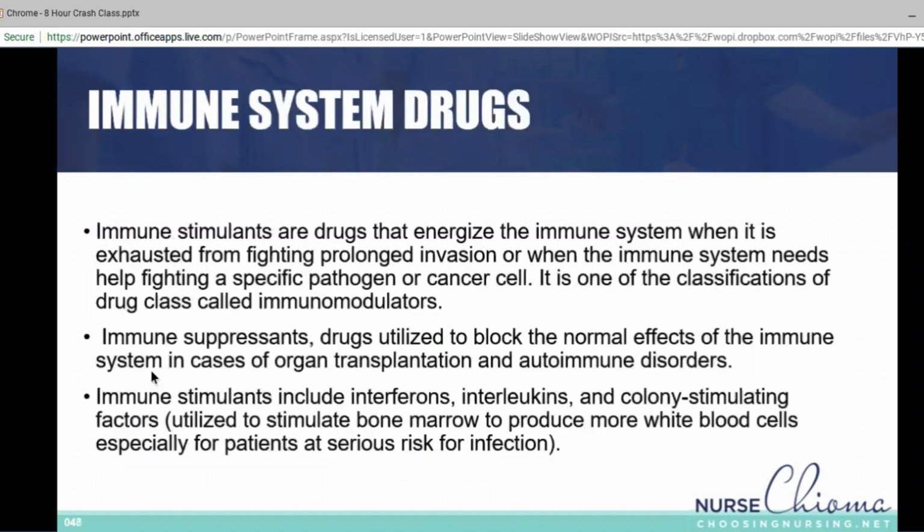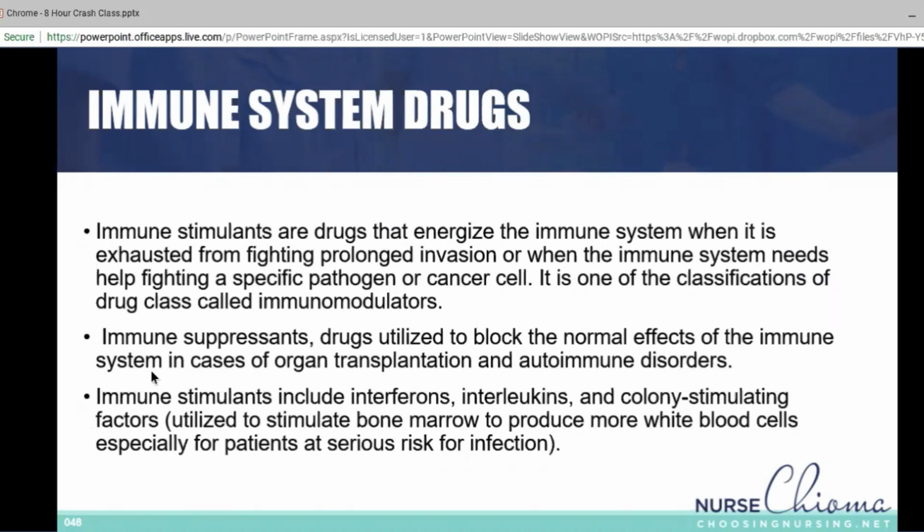Then you got immune drugs, or immune system drugs. So immune stimulants, or drugs that energize the immune system. This could also be drugs that treat cancer. There's a lot of chemotherapy, a lot of drugs that treat cancer, but for the sake of the test, try to learn some of their names, for example methotrexate.